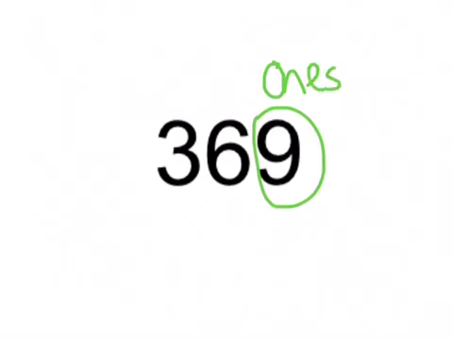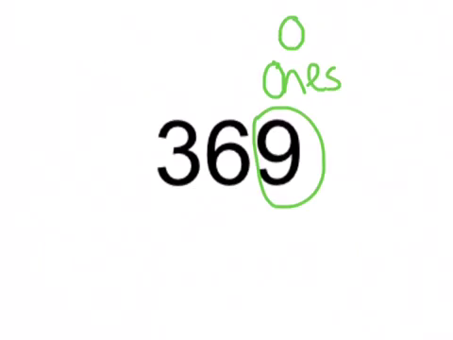Okay. Here is a 3-digit number. It is 369. Now let's talk about the value of each of these digits in this number. Look at the 9. It's in the ones column. Sometimes you will just see an O above the ones column.